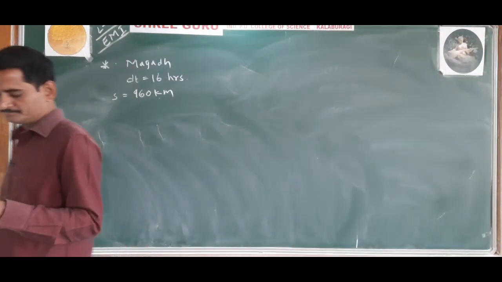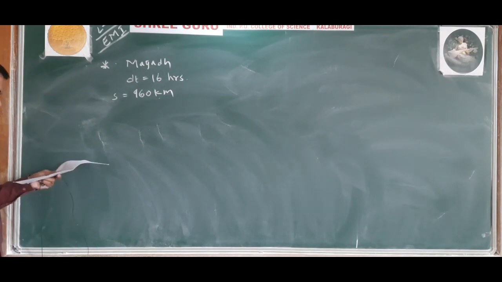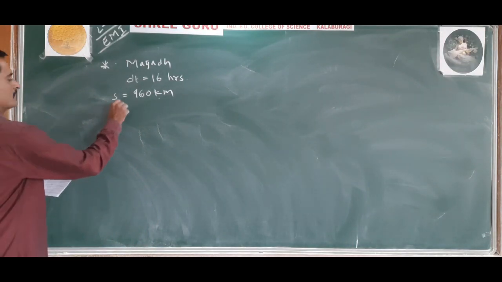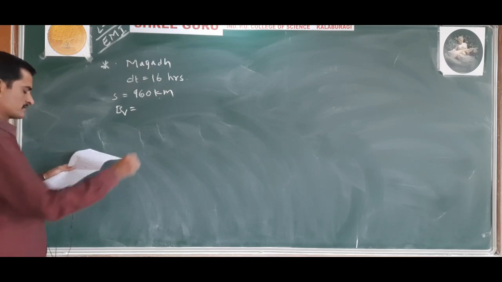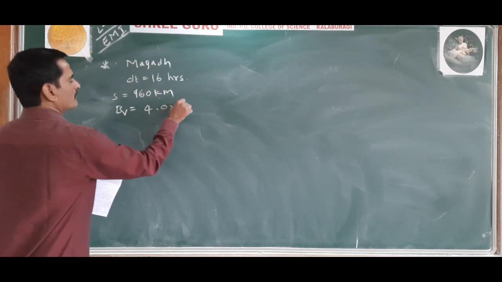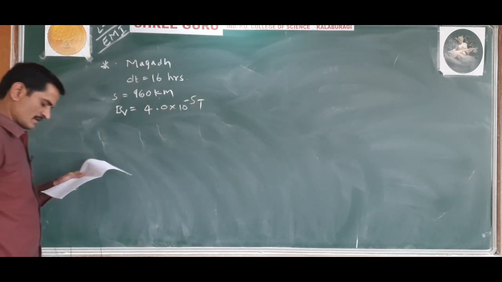You please stop. It is BV. BV is equal to 4.0 into 10 to the power minus 5 Tesla.